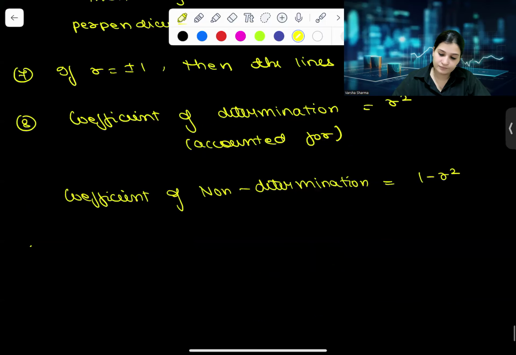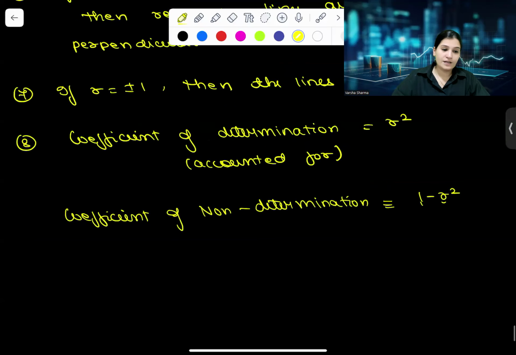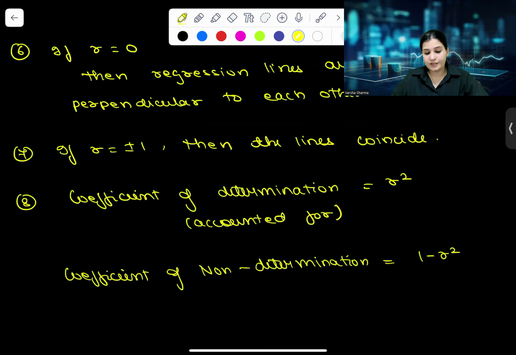This I've already done. That's it. Okay. These are the points for correlation and regression. End of the chapter. Any doubts? Okay.